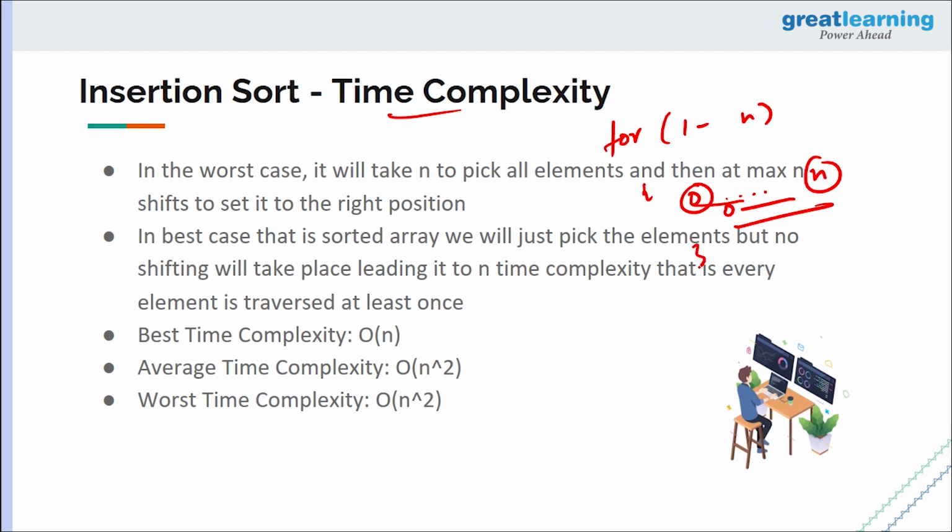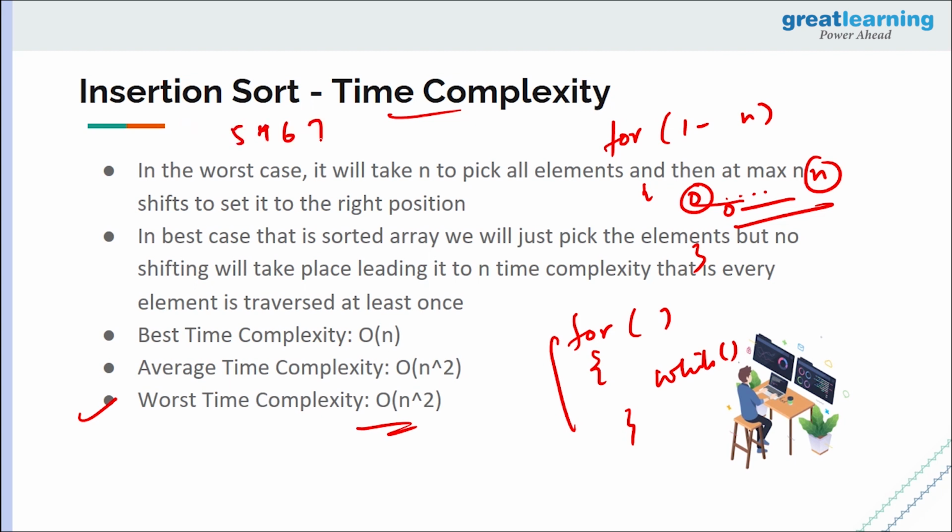So in that case, the time complexity in the worst case will be order of n squared, because we have two nested loops. That is, one is a for loop, and inside that for loop we have a while loop. This happens also in the average case, where some part, the sorted part, is already there, let's suppose we have 4 5 6 7 8, and then we have the unsorted part.